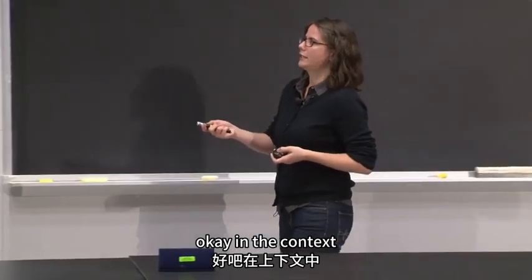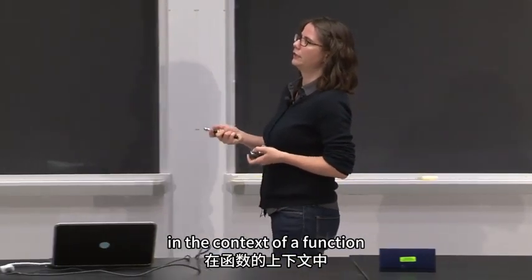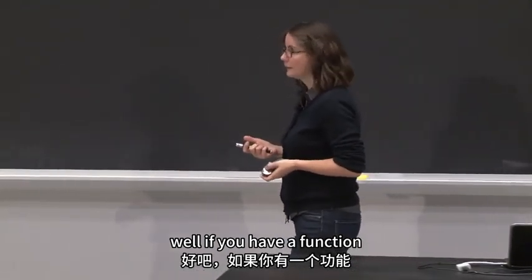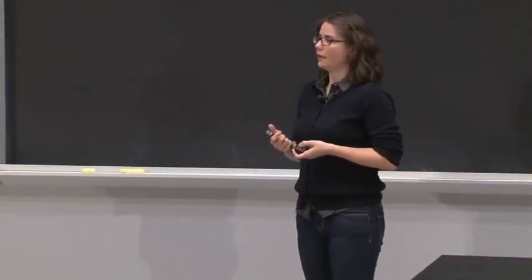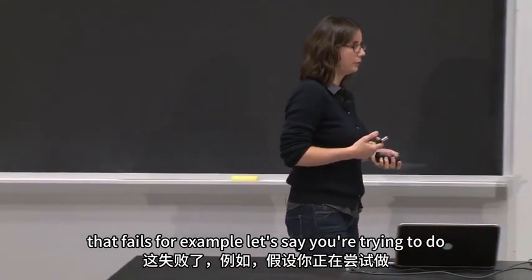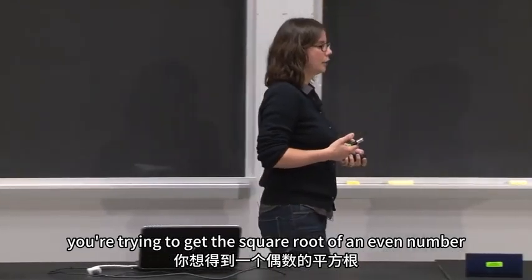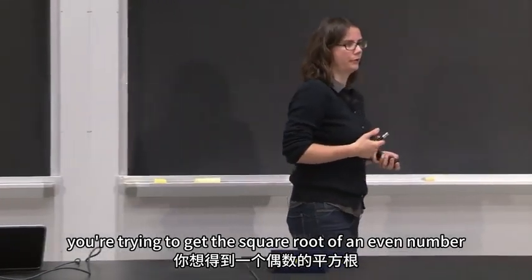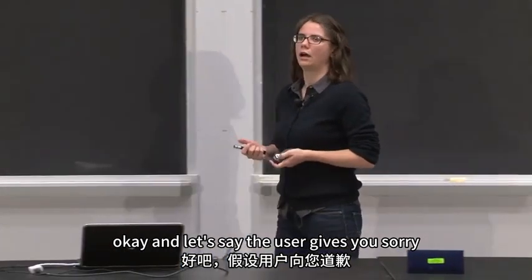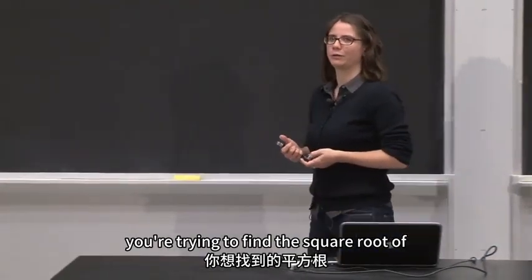Okay? So this is in the context of a function. In the context of a function, what else can we do? Well, if you have a function that fails, for example, let's say you're trying to get the square root of a positive number.